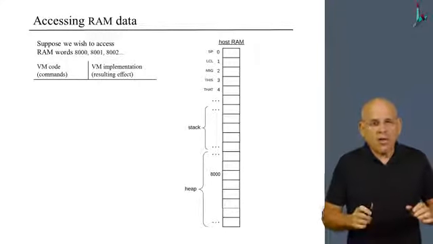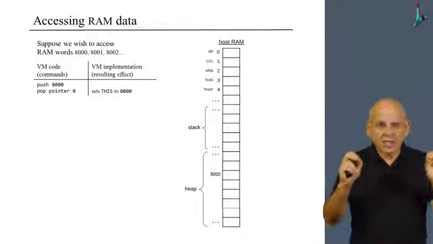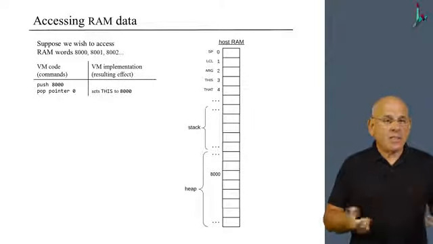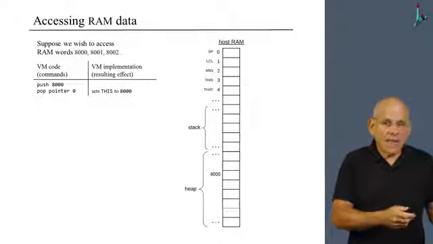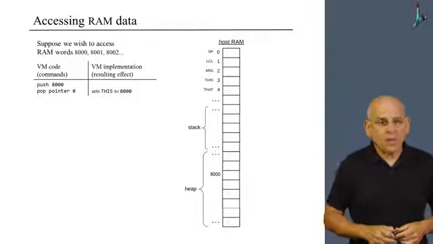So first of all, we have to anchor this segment on the desired address. And the desired address is 8000, so we push 8000 onto the stack, and then we pop it off the stack and into pointer 0.